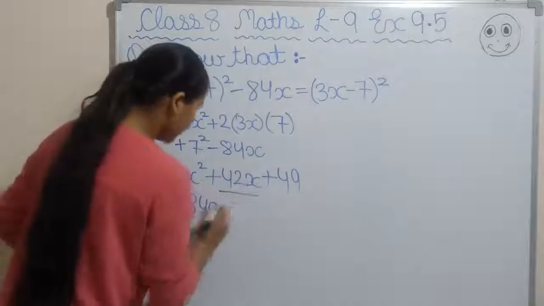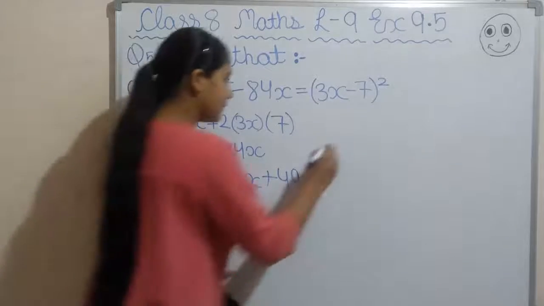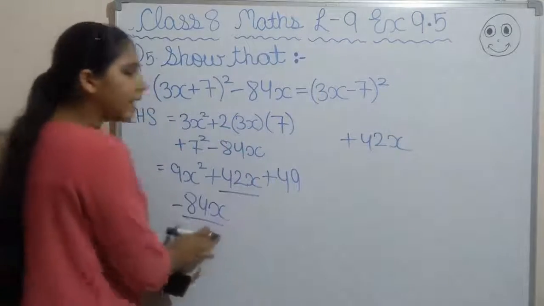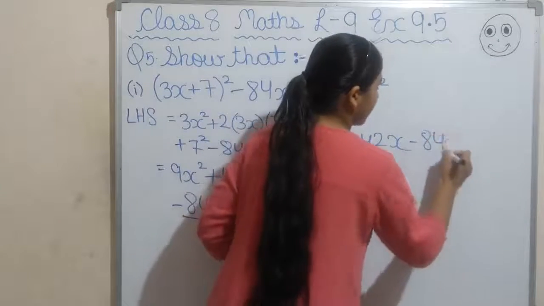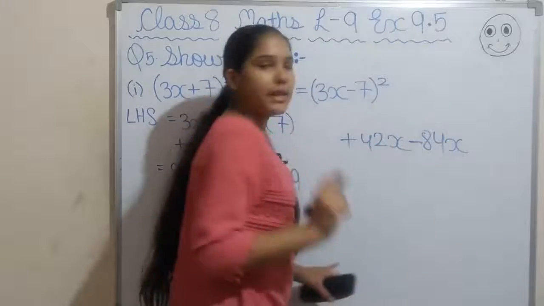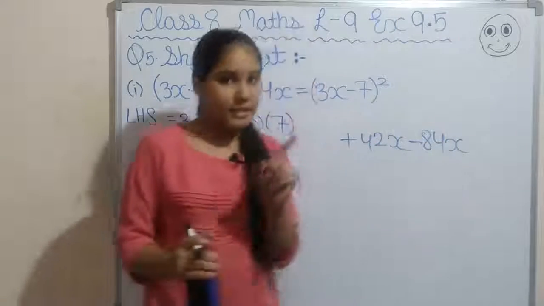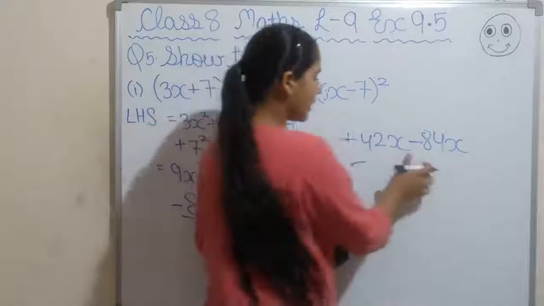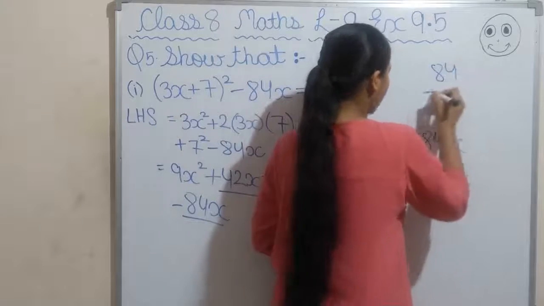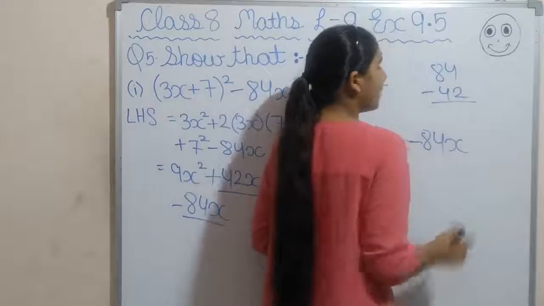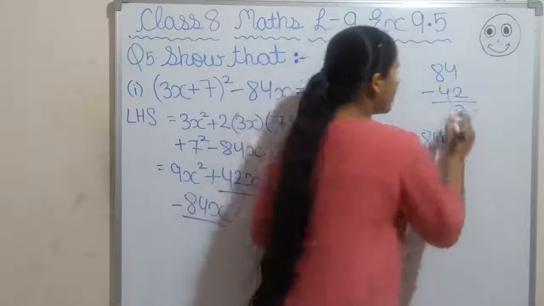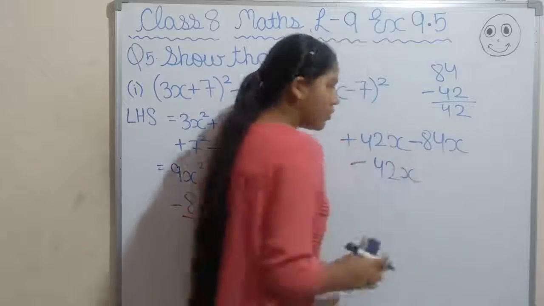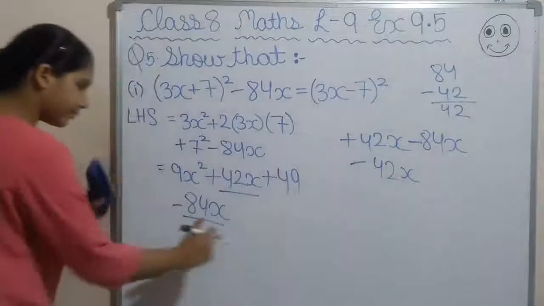So we can combine plus 42x and minus 84x. Which is the biggest number? The biggest number is 84, so the sign should be minus. 84 minus 42: 4 minus 2 is 2, 8 minus 4 is 4. So minus 42x.